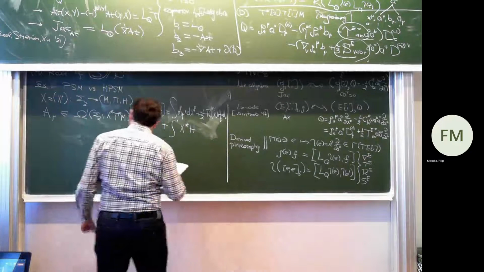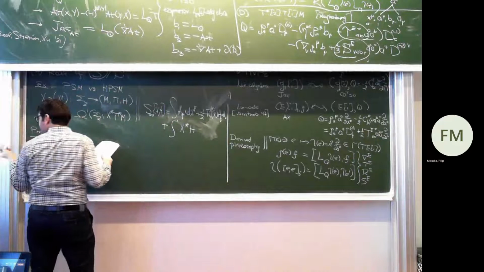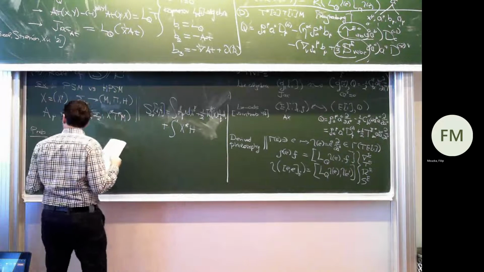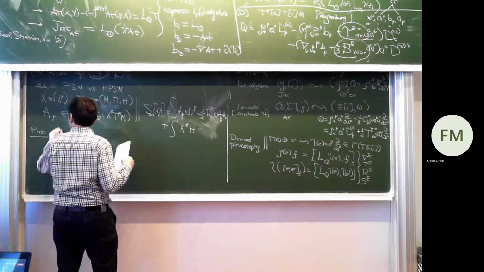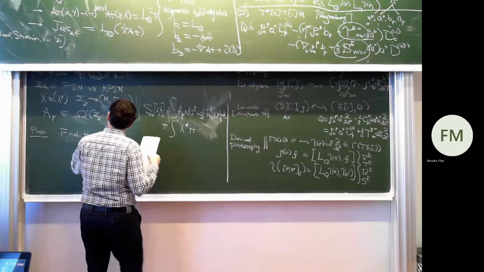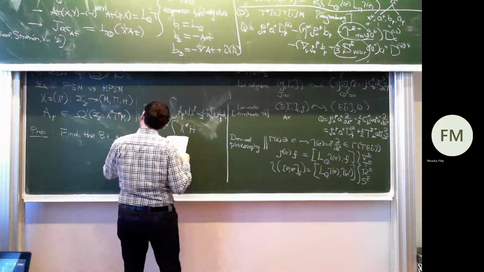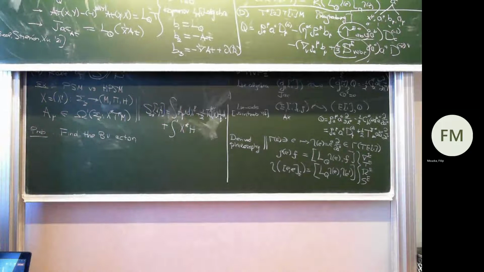So the problem, it's a solved problem, right? It's not a problem, it's a solved problem, but I'm going to say what the problem is. So the problem is to find the BV action. In other words, the solution to the classical master equation in the BV formalism.